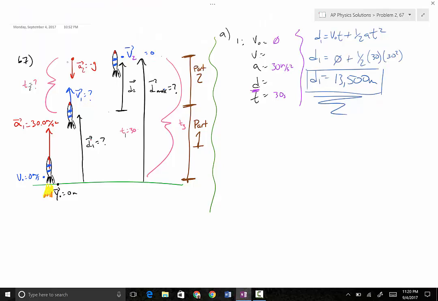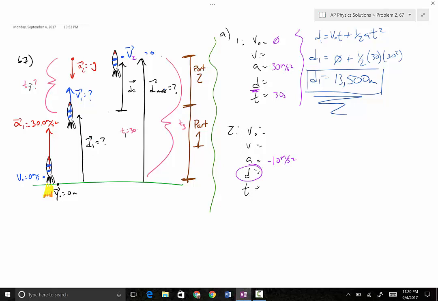For part 2, I'm going to make a new VOVAT because the acceleration has changed. I've got a new initial velocity. My acceleration is now negative, and I'm going to use negative 10 just to make the math a little easier.